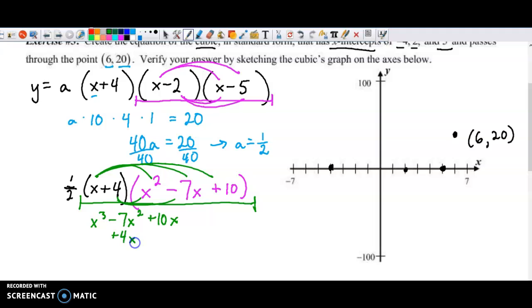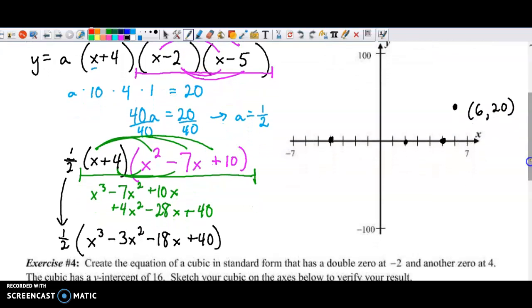So I like to line these up. 4x squared minus 28x, and 4 times 10 is 40. That way I can combine like terms. Please don't forget about this 1/2. That when I combine like terms, I can just go straight down. 10 minus 28 is negative 18, and then plus 40.